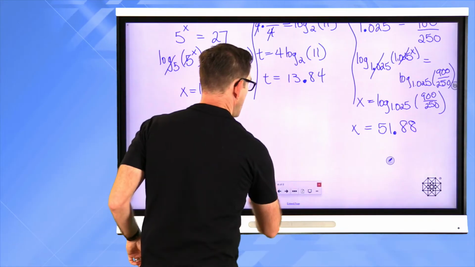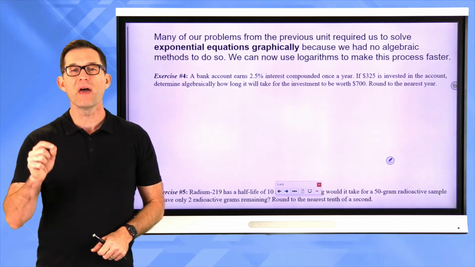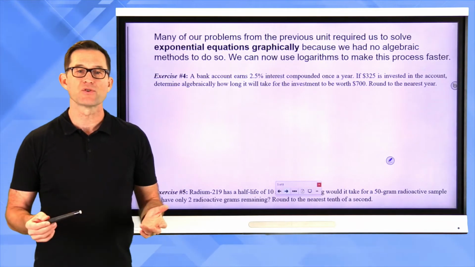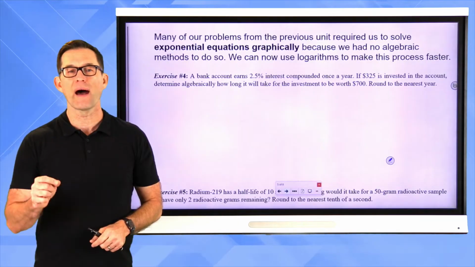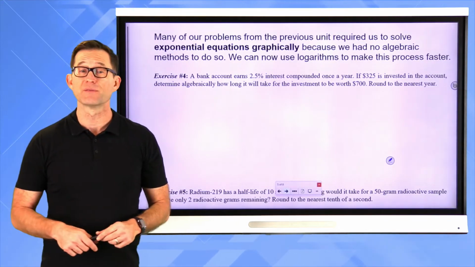Move my little pen icon over. Now, let's take a look at some applied problems. Many of our problems from the previous unit required us to solve exponential equations graphically because we had no algebraic methods to do so. We can now use logarithms to make this process faster.